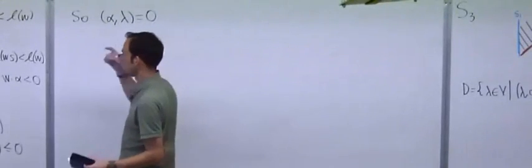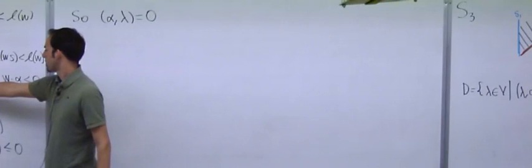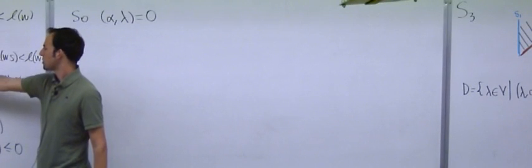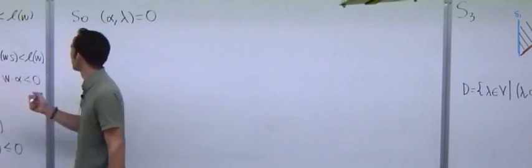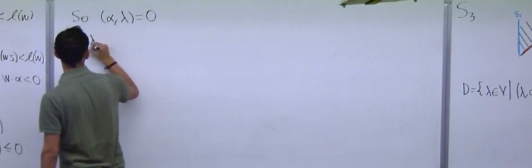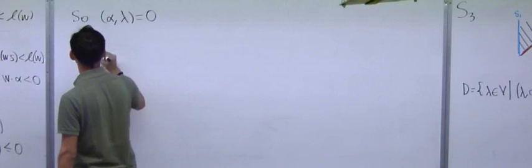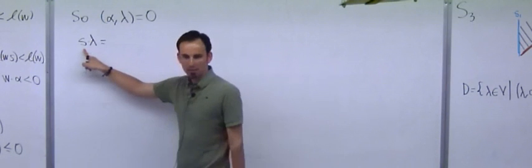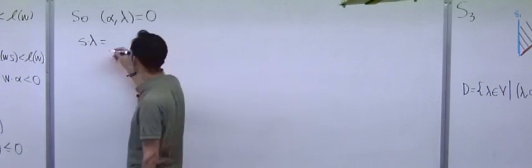Okay. Now the good thing about this is that alpha is the root that corresponds to S, right? And so now if I look at how S acts on lambda, well, S is one of the generators, and so it just acts as a reflection, and we know the formula for that.